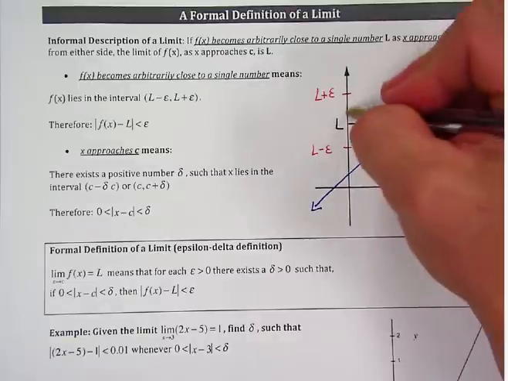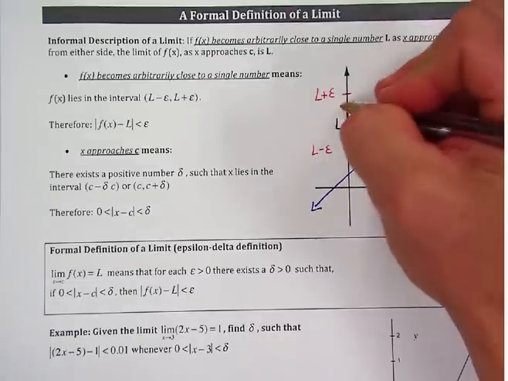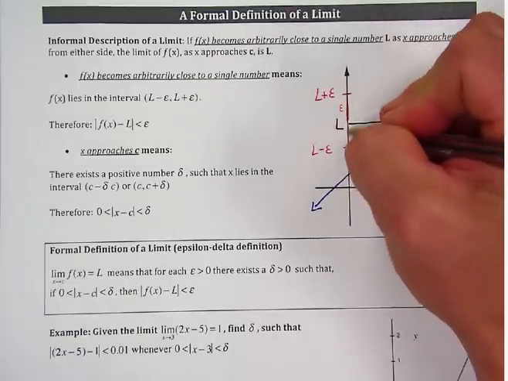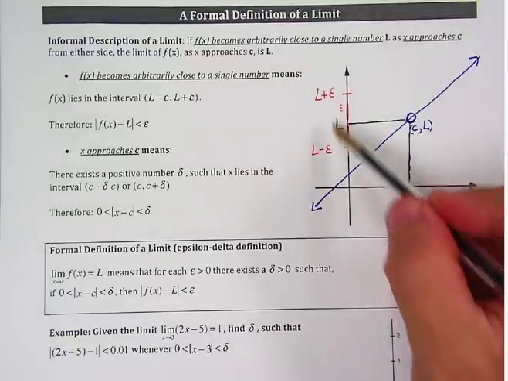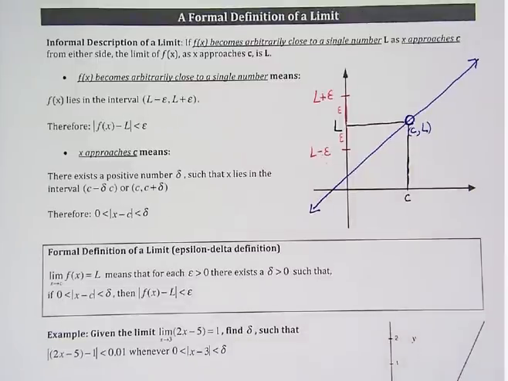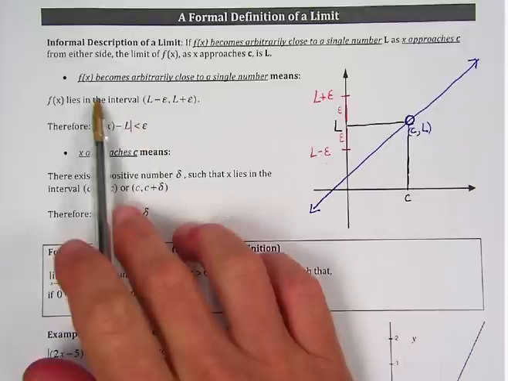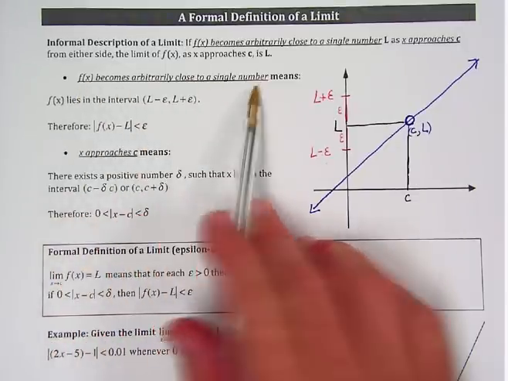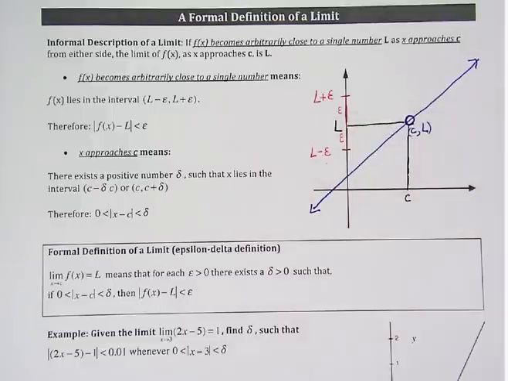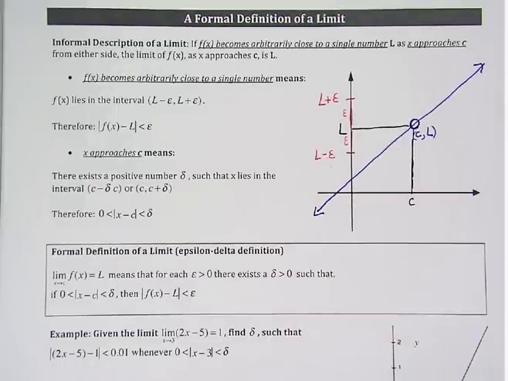Okay, so what that means is this length right here is epsilon, above it and below it, and it gives us these 2 points, L minus epsilon and L plus epsilon. Okay, and that's what it means to say f of x becomes arbitrarily close to a single number. It means it's somewhere in between here. And that's all we're talking about.